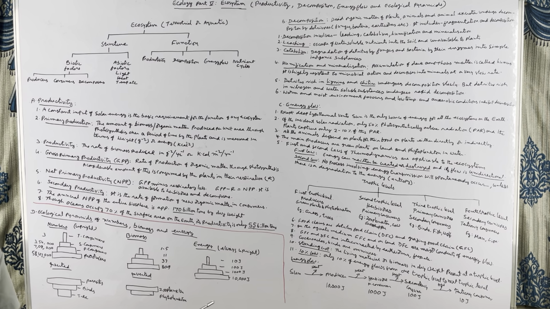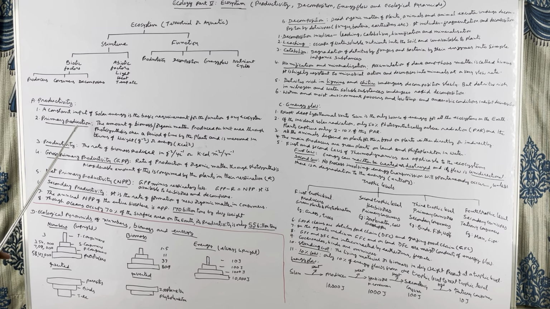Almost all the green plants living on the earth obtain their energy from the sun. Only a few microorganisms living in the deep oceans at hydrothermal vents obtain chemical energy. They are sulfur bacteria or iron bacteria. Except for the sulfur and iron bacteria, all the producers obtain their energy only from the sun.